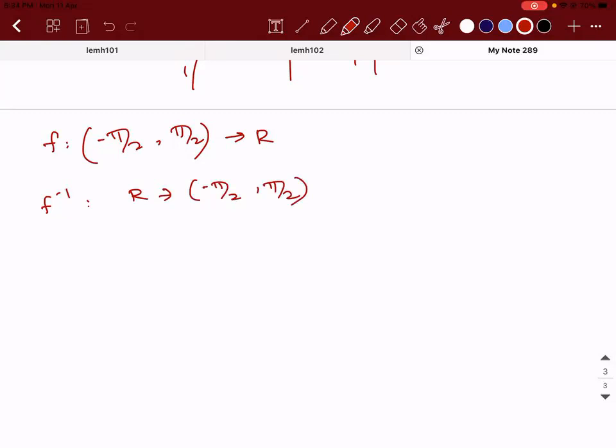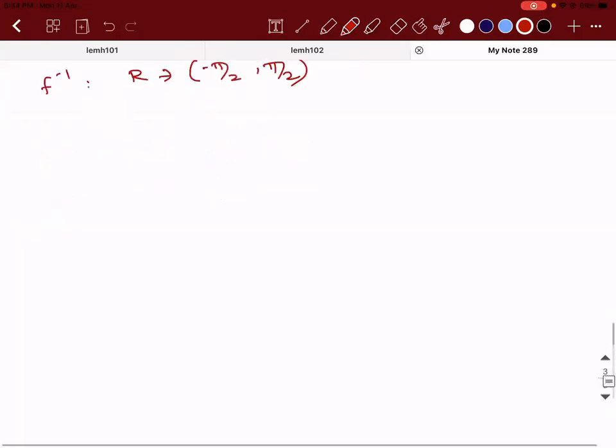Right. Similarly, what will happen for cosecant x? So y is equal to cosecant x. So generally it is defined from where to where? F is mapped from, you guys think and tell me. Is there any value of x that you substitute in cosecant that will give you infinity?